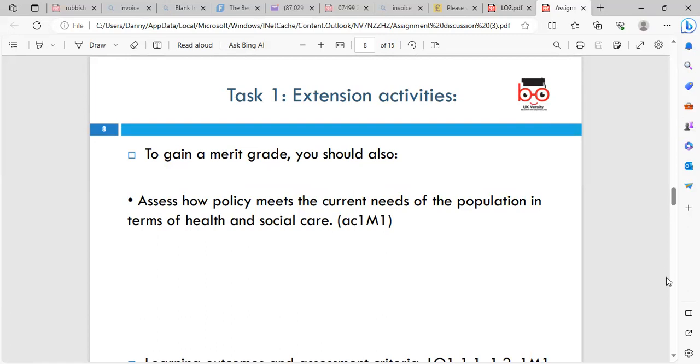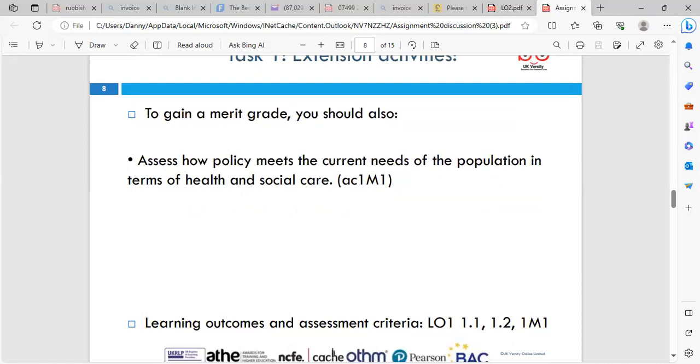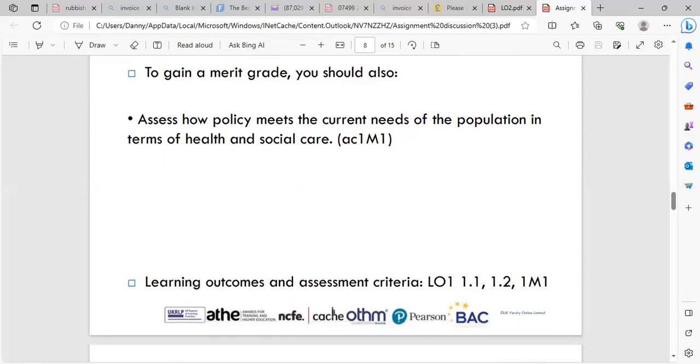If you identify a problem or a need, such as access to healthcare, where there were not enough rooms, or people were having barriers or difficulty in accessing healthcare, you have to explain or assess how the policy you have chosen meets those needs. That would enable you to have a merit mark rather than just a pass mark.